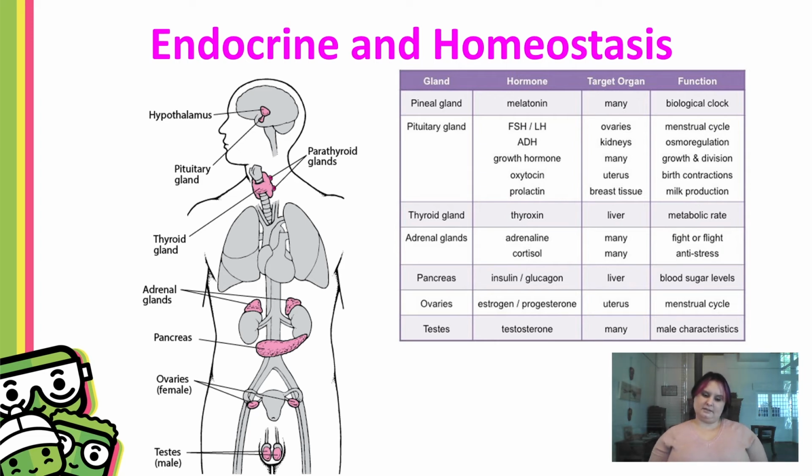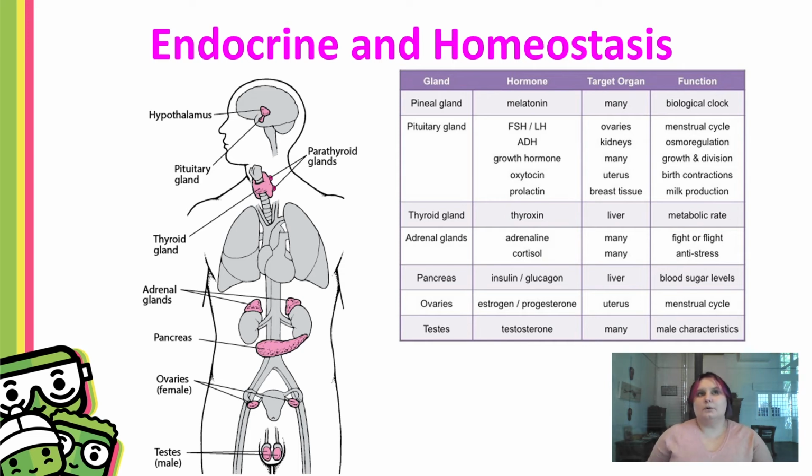Our pancreas secretes insulin and glucagon, which are involved in controlling our blood sugar levels. And then finally, in biological females, we have ovaries, which produce estrogen and progesterone, the female sexual hormones. And in males, we have the testes, which produce testosterone, the male sexual hormones.